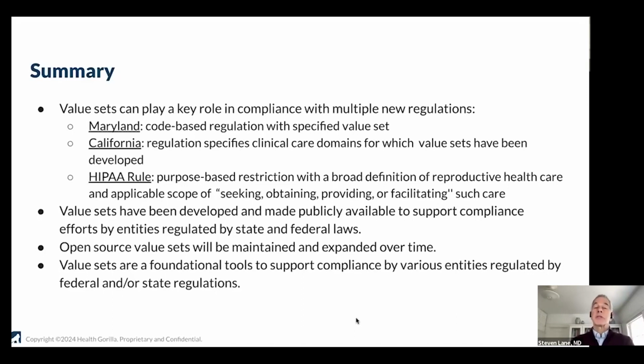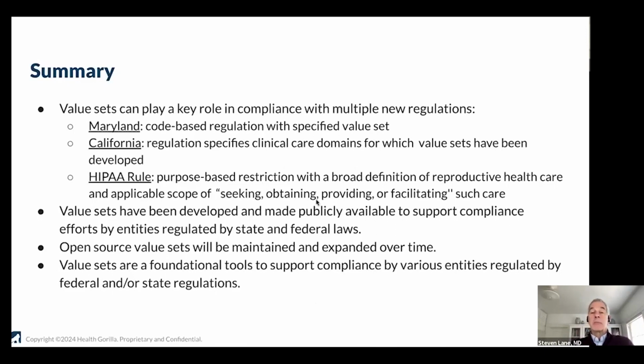For California, Maryland's set is going to be posted once they've finalized their rule. These are open source. They will be maintained and expanded over time. Thank you very much to NAC for their willingness to commit to doing this and being the stewards of these value sets. These are not maintained by the government.